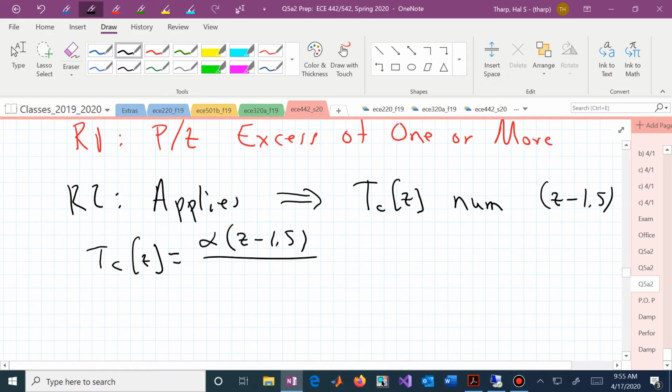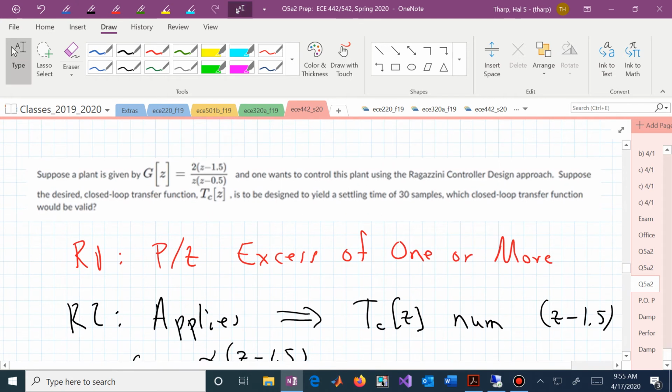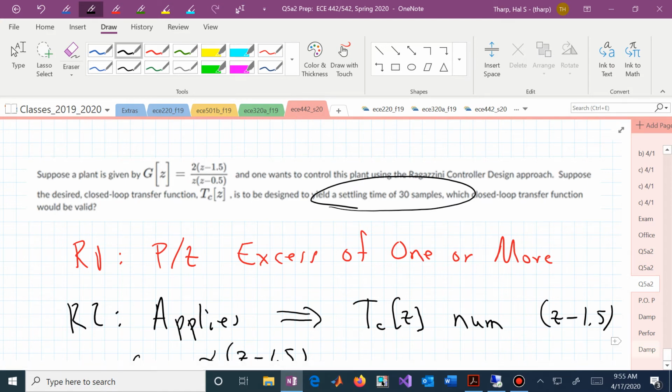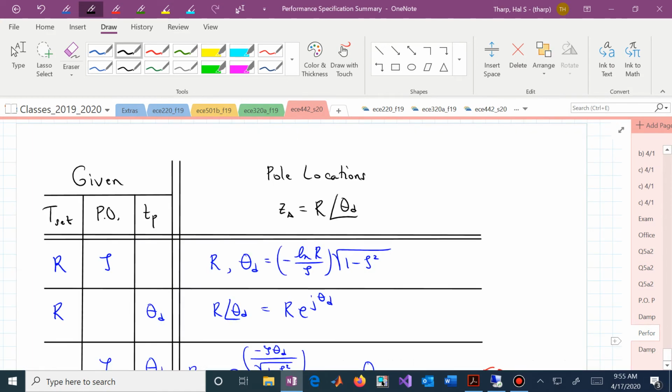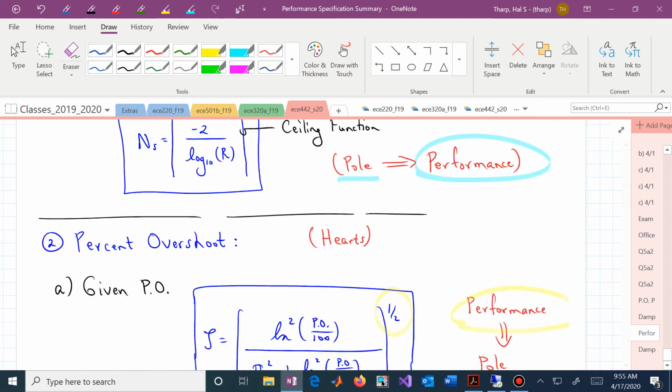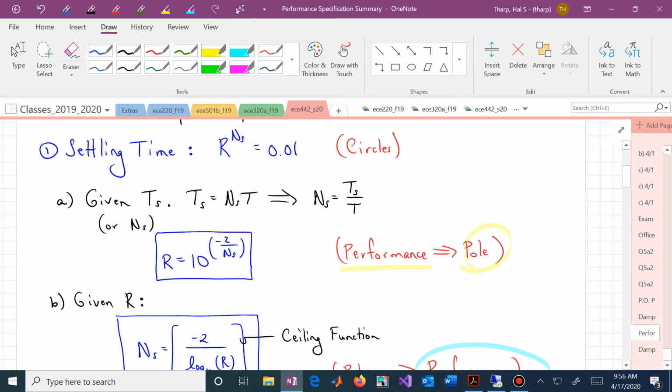We were told now that we didn't have a deadbeat response, we actually had a settling time of 30 samples. So that settling time of 30 samples now is back to this particular performance pole relationship. We now know that R, the radius, can be found by 10 raised to the minus 2 over n sub s.